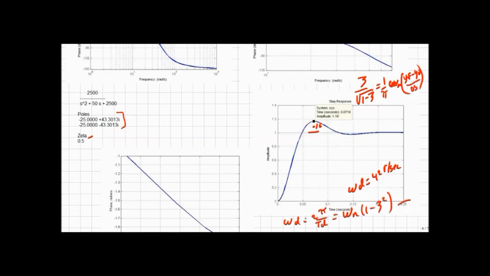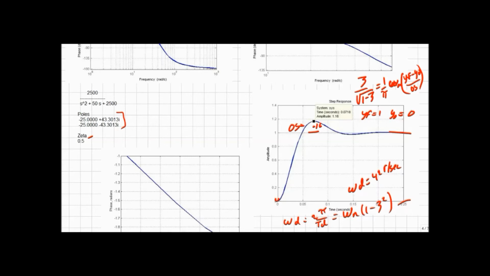Now in this case, yf equals 1 because it finished out at 1. y0 equals 0. We started at 0. Our overshoot is at 0.16.